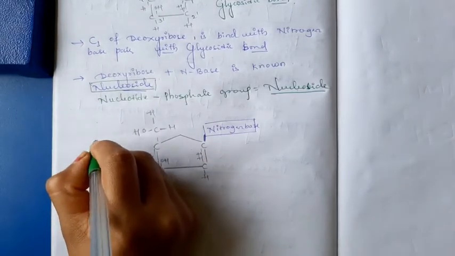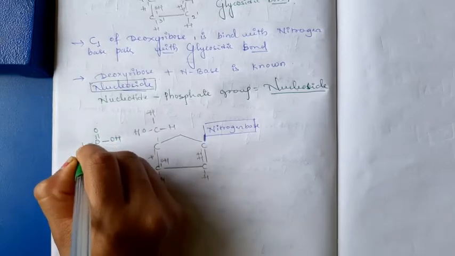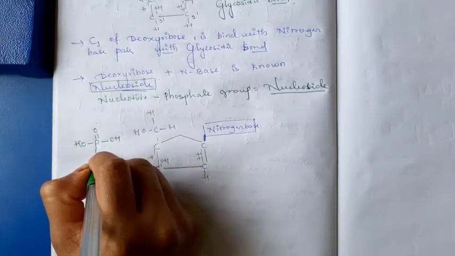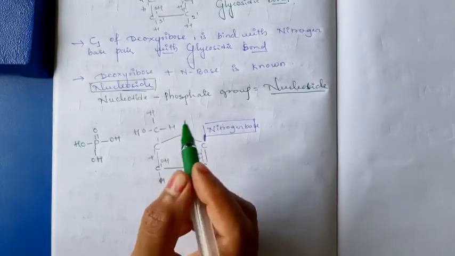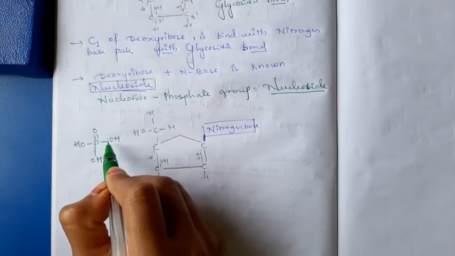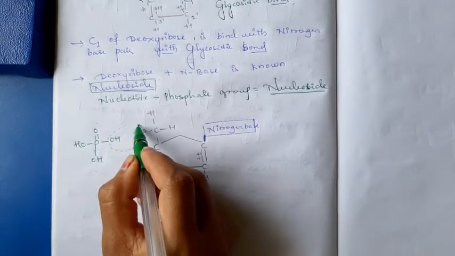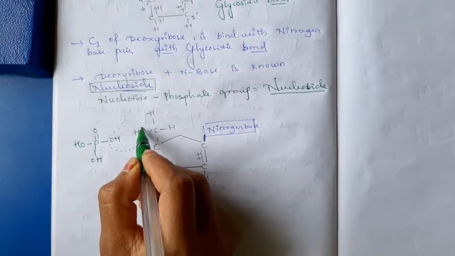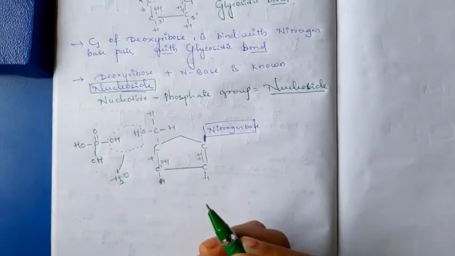deoxyribose. The phosphate group diagram is like this structure. Phosphate, phosphoric acid, H3PO4. When it binds with the deoxyribose, there is a formation of a water molecule. Okay.